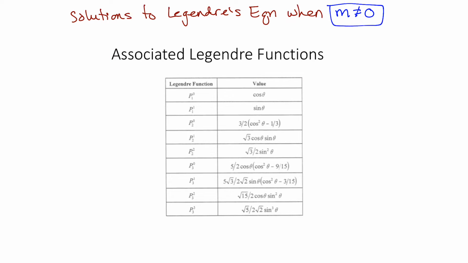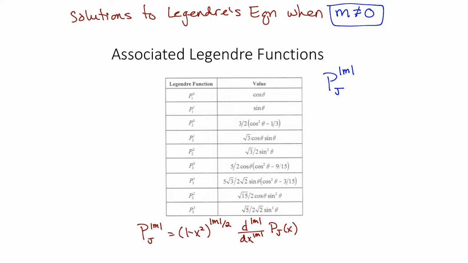Before we had Legendre polynomials; these are associated Legendre functions, and they are given the notation P sub j to the absolute value of m. Here we see that we get an additional dependence not only on our energy level, our J quantum number, but also on our M quantum number.